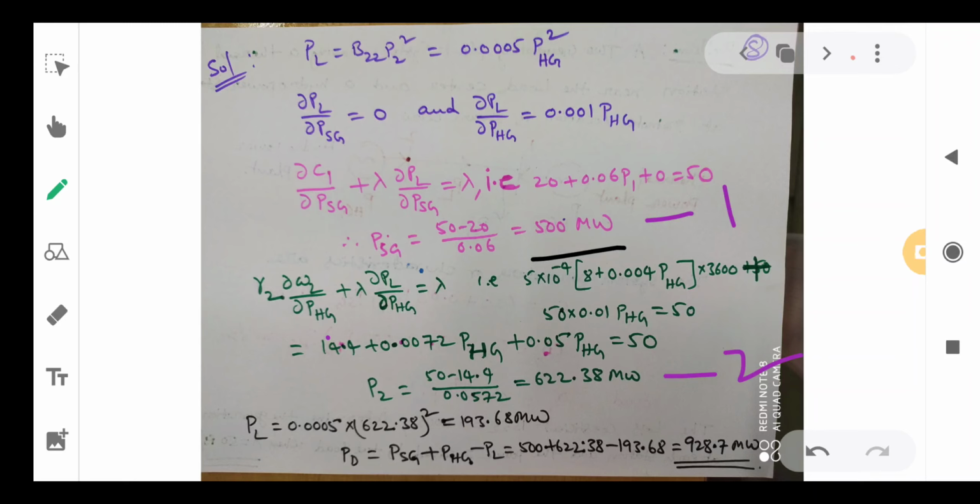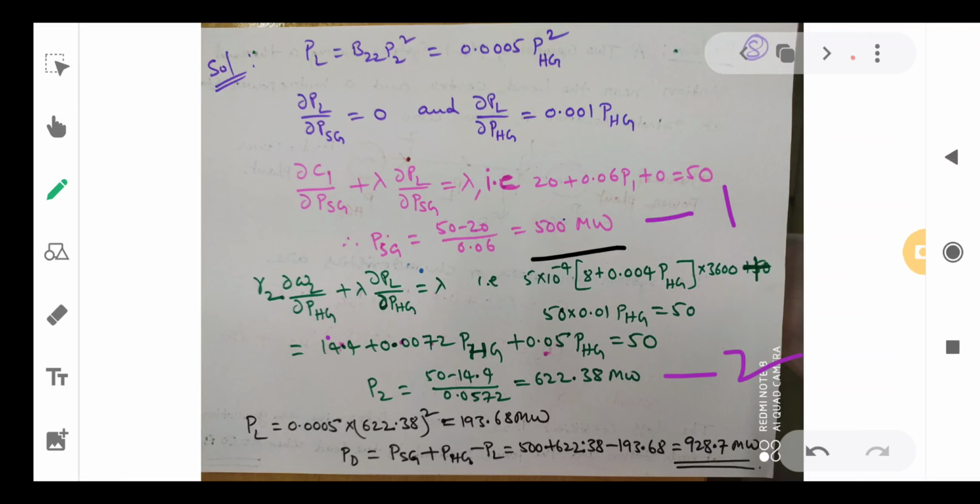Second equation: gamma 2 into dou omega 2 by dou PHG plus lambda into dou PL by dou PHG equal to lambda. Let us substitute the values of gamma 2, dou omega 2 by dou PHG, and dou PL by dou PHG. Let us have all the expressions so that you will get P2 equal to 622.38 megawatts.